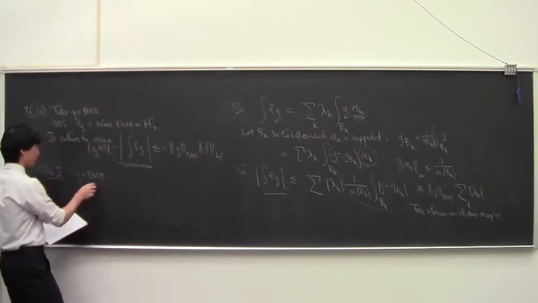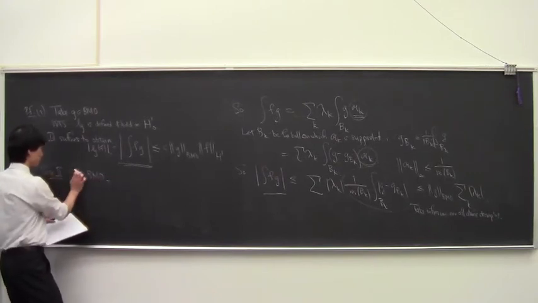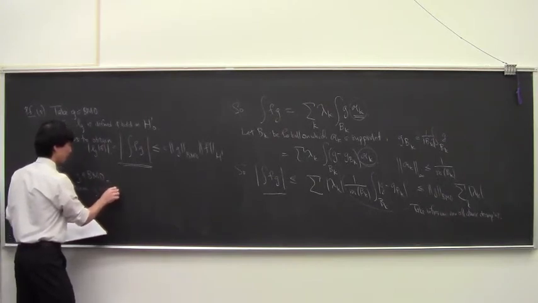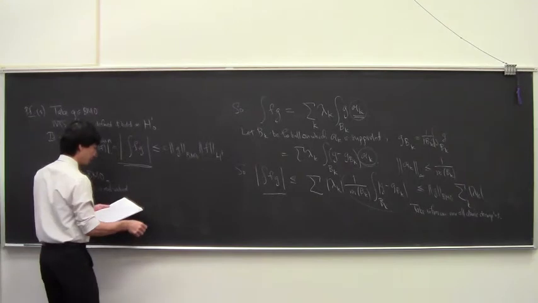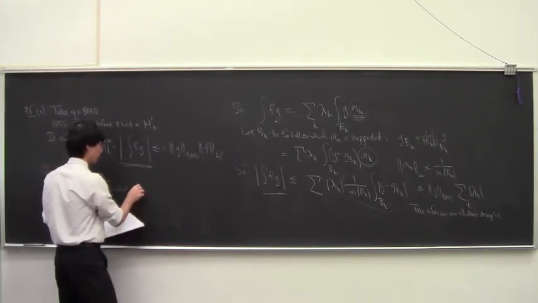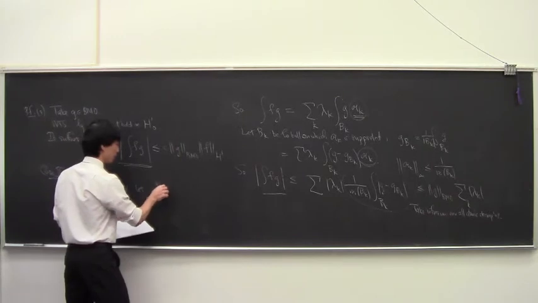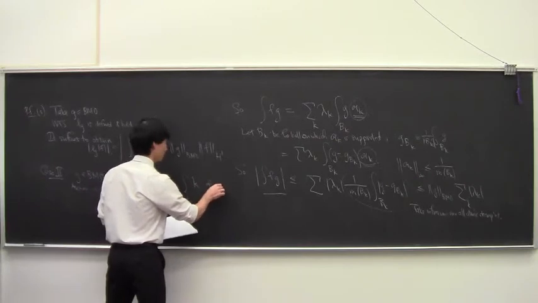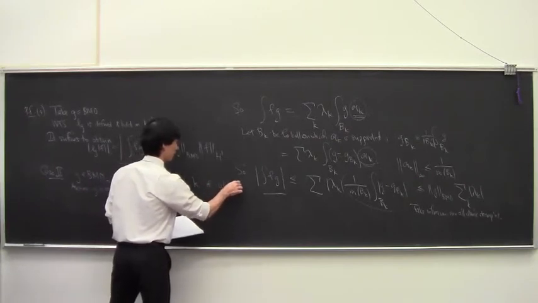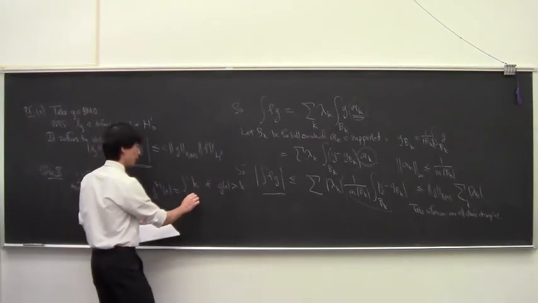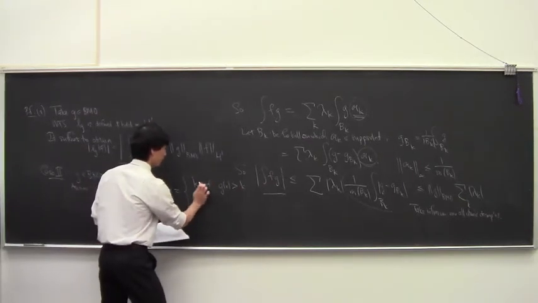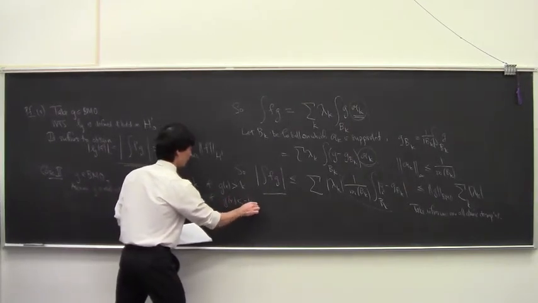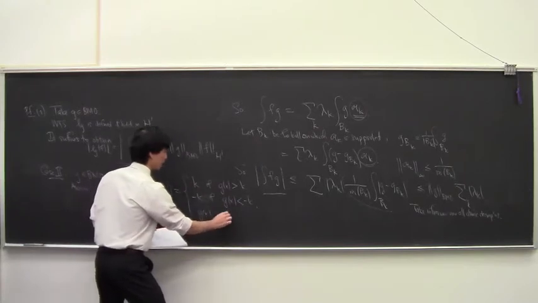So let's just assume that g is real valued for simplicity, and let g super k be equal to k if g of x exceeds k, negative k if g is lower than negative k, and it'll be g otherwise.